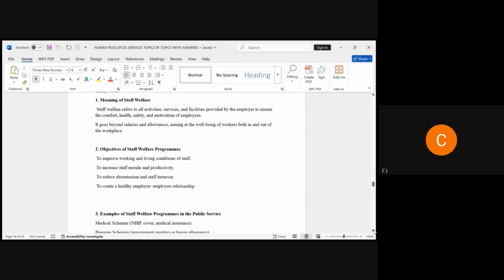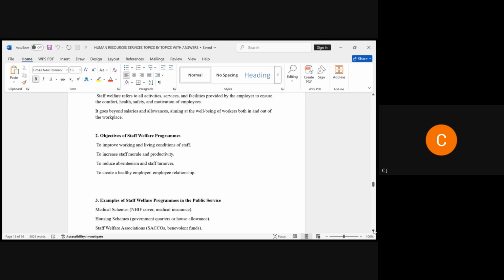It is one of the examples of staff welfare program in the public service. We have a housing scheme, government quarters or house allowance. Ile house allowance na receive, it falls under staff welfare program in the public service.